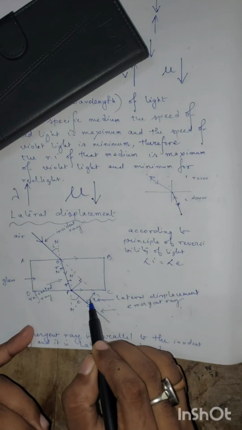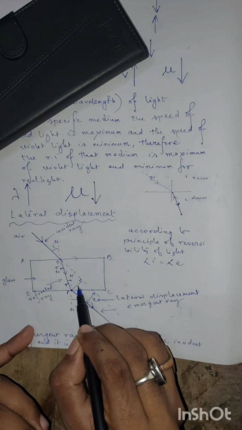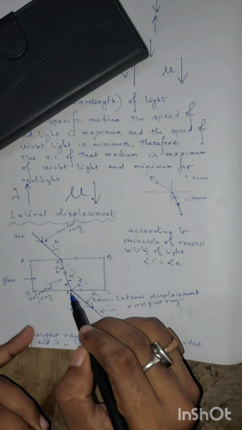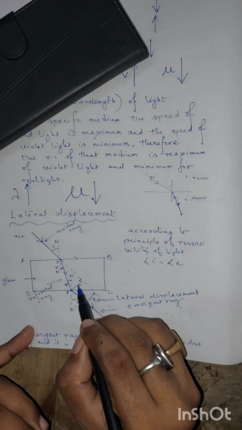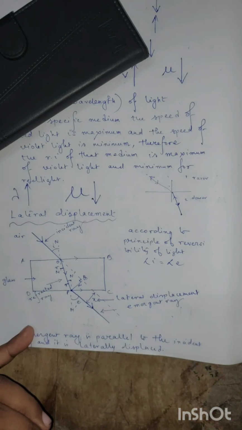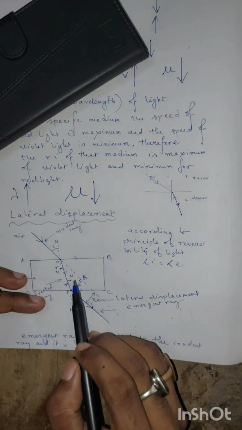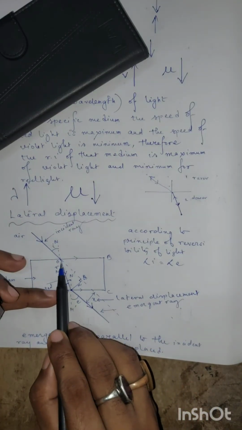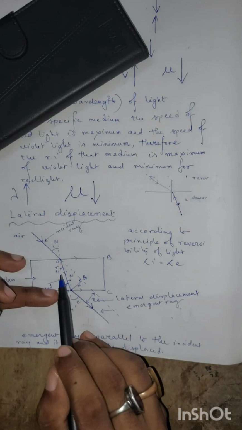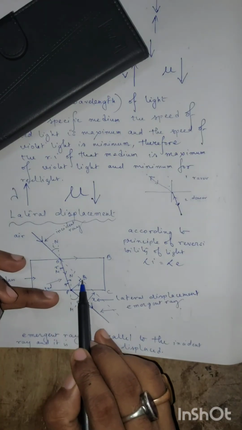So if this distance is x, this distance is also x. Let us name it PQ. So we are observing a right angle triangle OPQ.